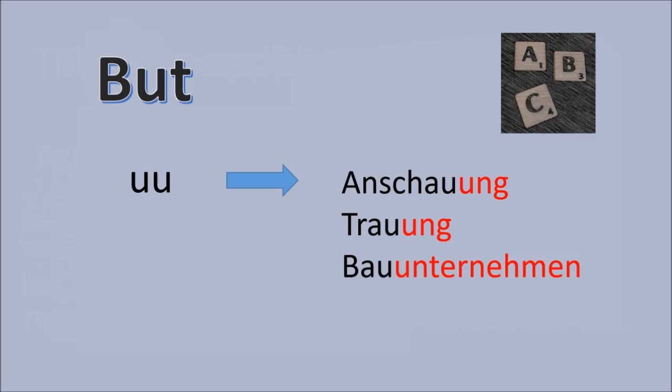We couldn't even say it. Or Trauung. It's Anschau-ung. I deliberately separate those so that you can hear it. Trau-ung and Bauunternehmen. That is actually a compound noun made out of two words, Bau and Unternehmen.